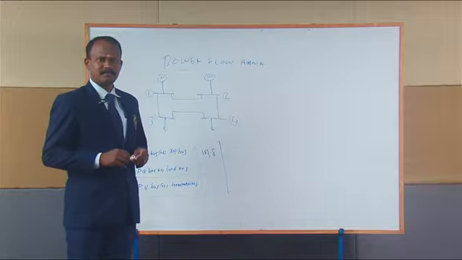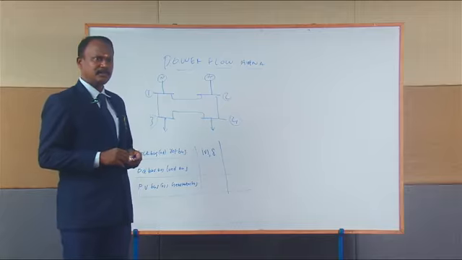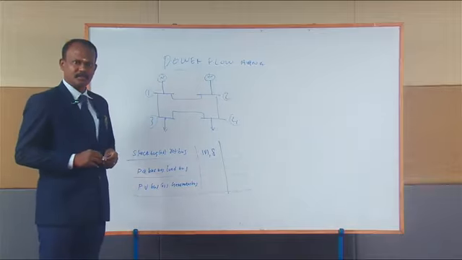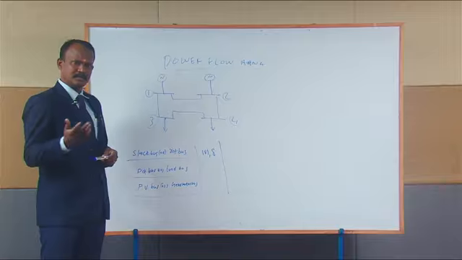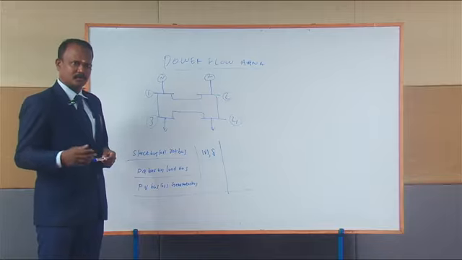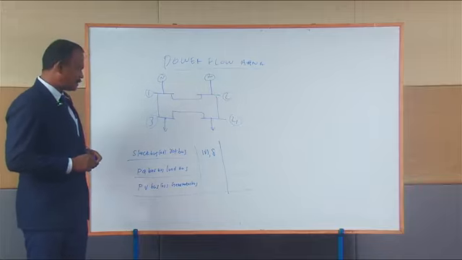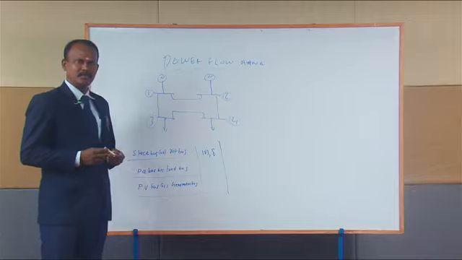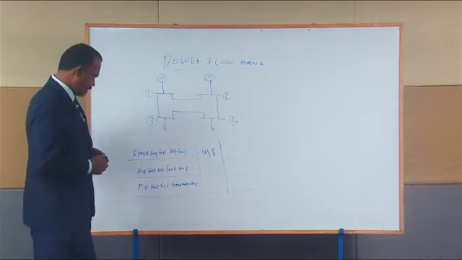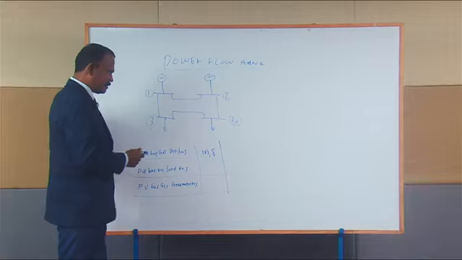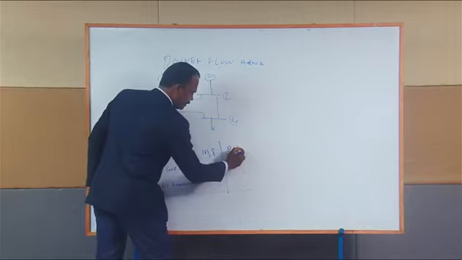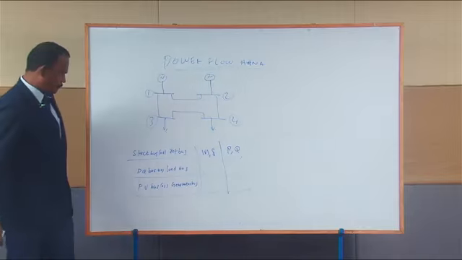The main objective of this reference bus is to allocate the losses after the load flow is completed. It is used as a compensation bus, balancing both real power and reactive power. In the slack bus, the two unknown variables are the real power P and the reactive power Q.